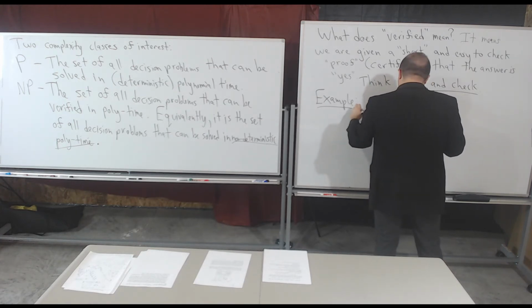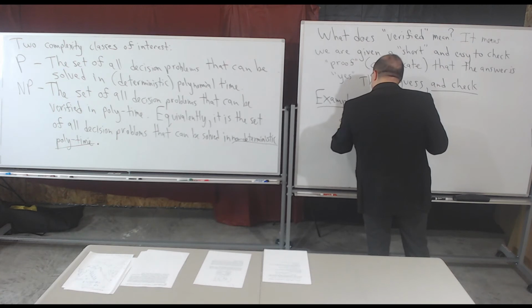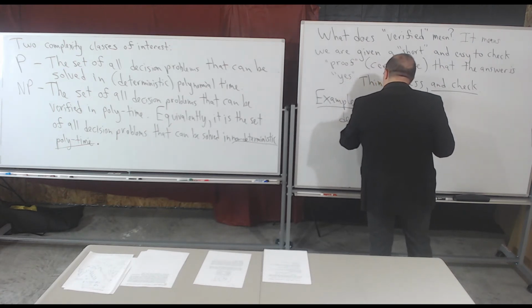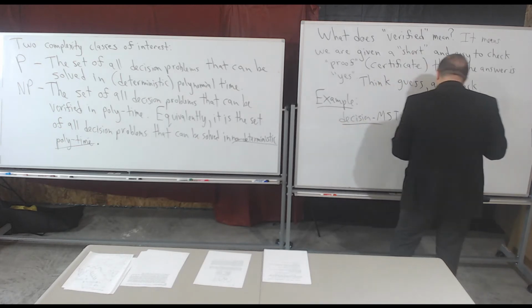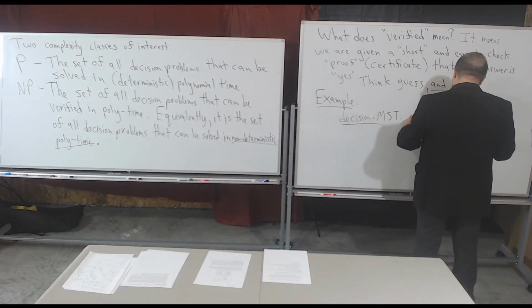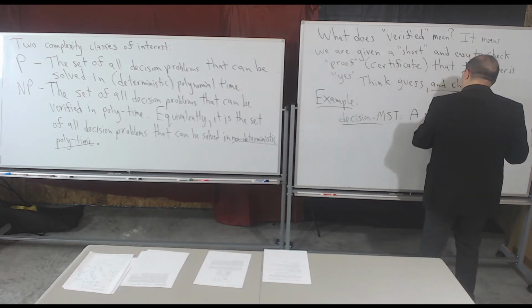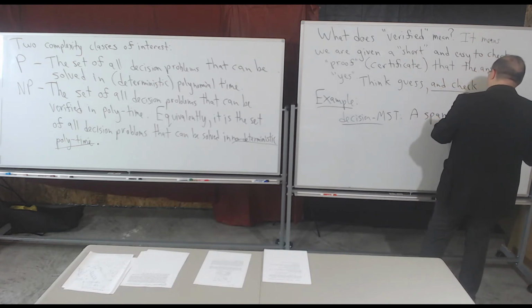So here are some examples. If I give you the decision version of minimum spanning tree, decision MST, you assume that your friend gave you a spanning tree.